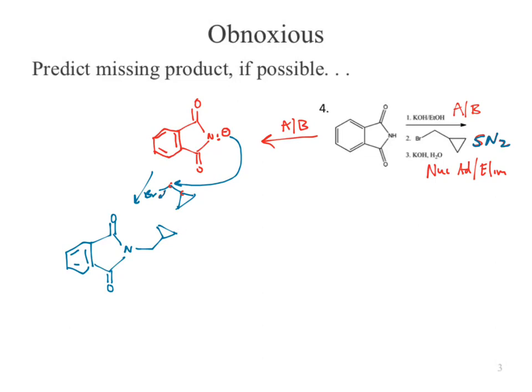Now what do I do? I got the nucleophilic addition followed by the elimination. What's my nucleophile? OH minus. Where's my electrophile? What is an electrophile? Something partially positive or formally positive.